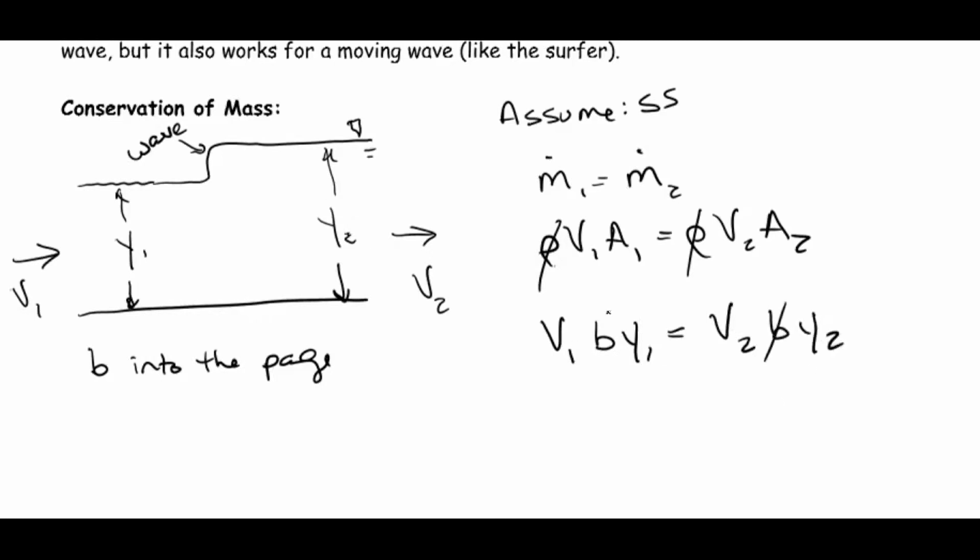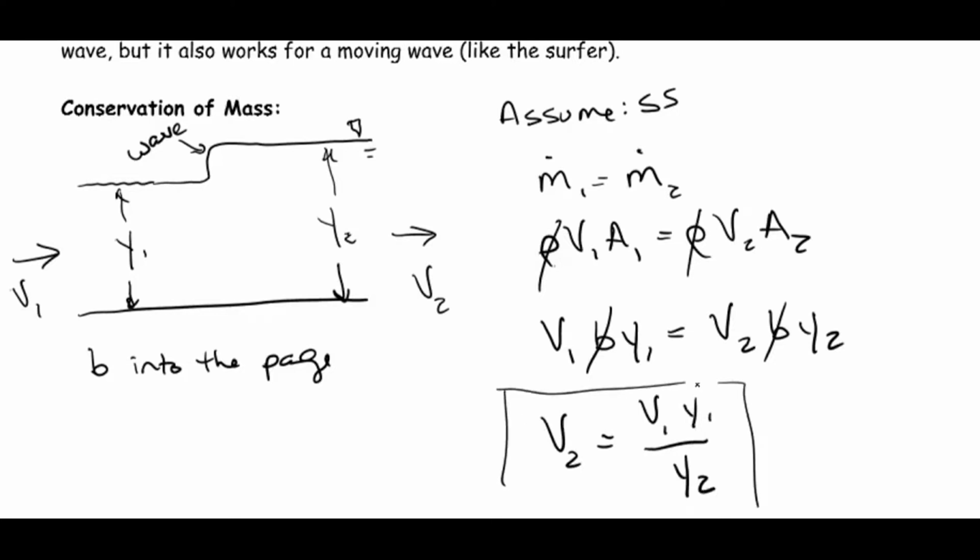Those b's are going to cancel. So all we have to do then is rearrange a little, and we can see that V2 is going to be V1 times y1 over y2. So there's one of our equations. Conservation of mass gives us that equation. You'll find that equation on your equation sheet.